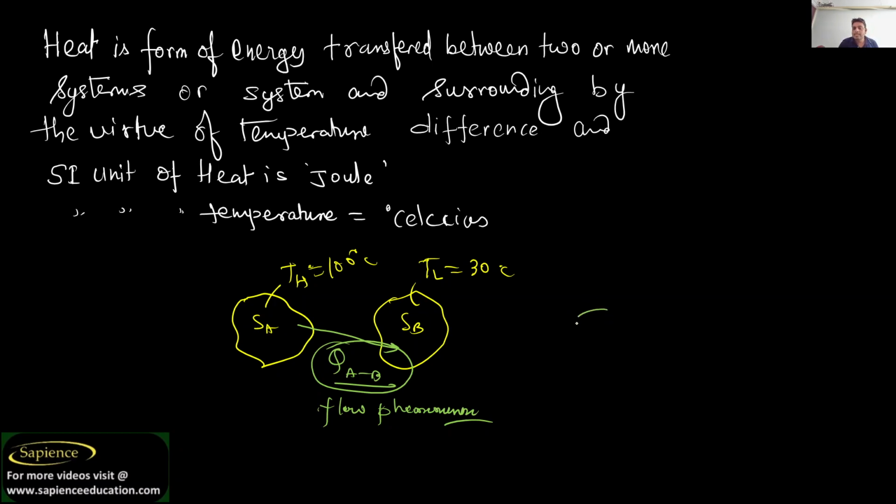One more case is that suppose there is a system at a temperature of 100 degrees Celsius, and the rest of the universe outside that system is known as the surrounding. See here, you should know system and surrounding.